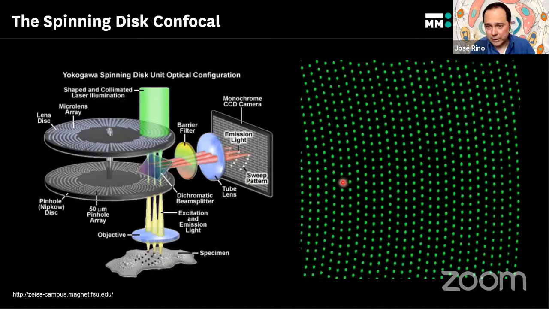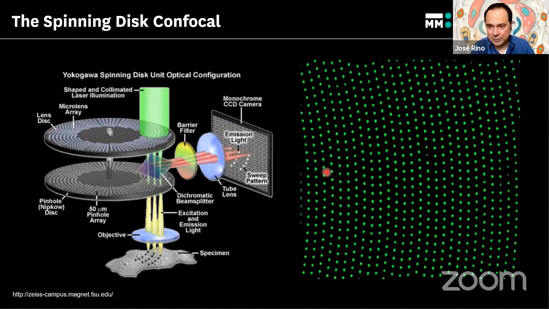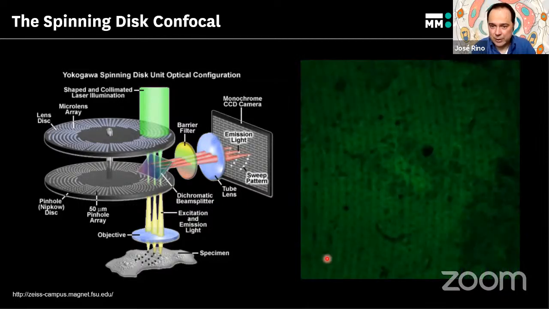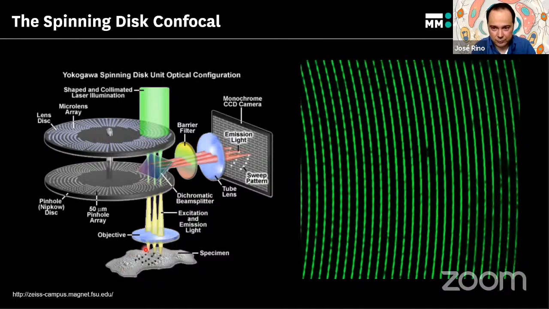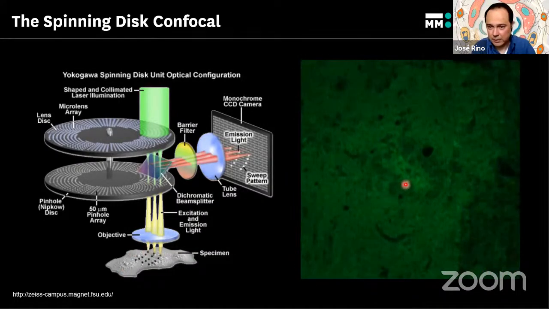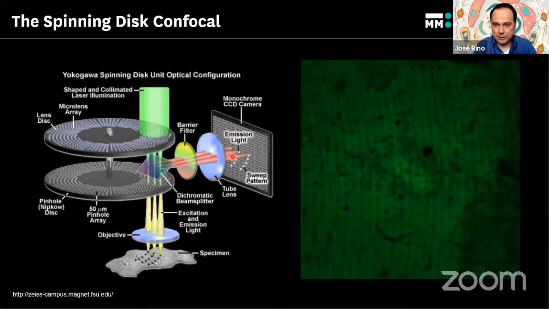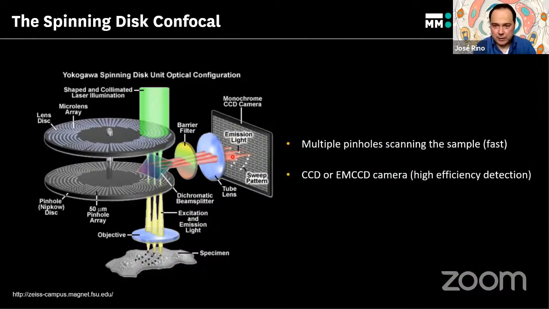And then when I start rotating the disk again, you will see for a brief instant that different points will be illuminated. As the disk is spinning faster and faster, you will sample the whole image. You will be illuminating the whole field of view of your specimen, and this is an image that we can project on a CCD camera.